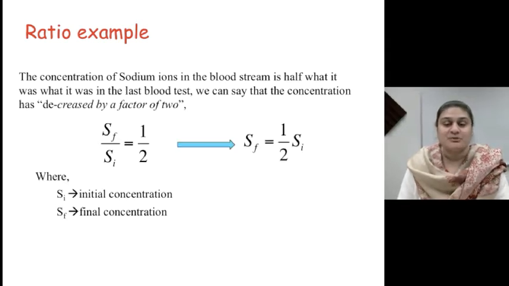Or even simply SF equals 1/2 times SI. So all of these words that were written over there are algebraically equal to the equation that I have written down over here. So that means that ratios and equations help us minimize the amount of writing that we need to do.